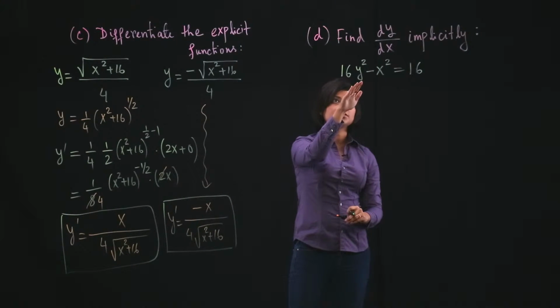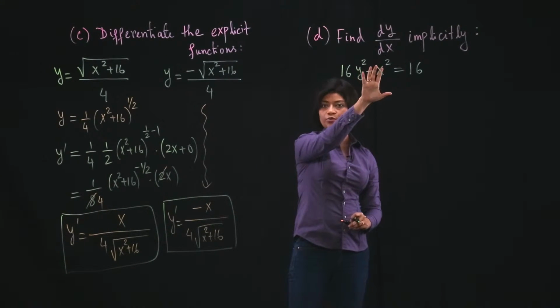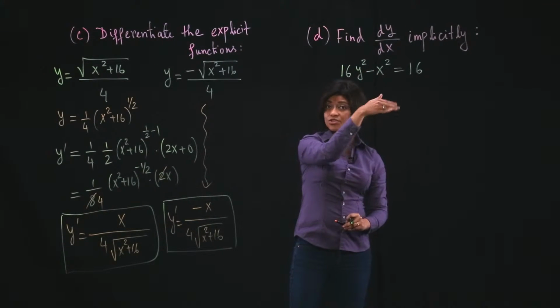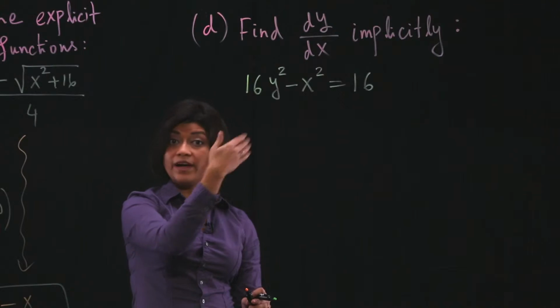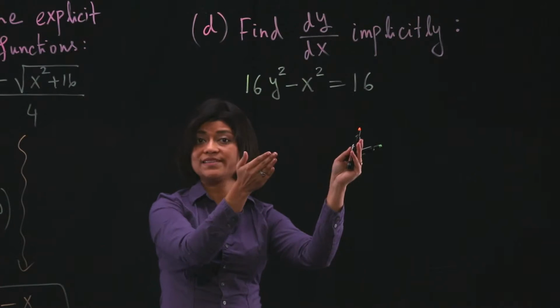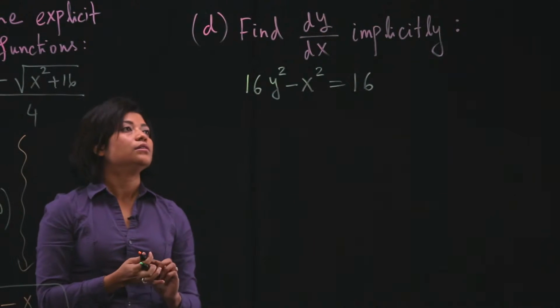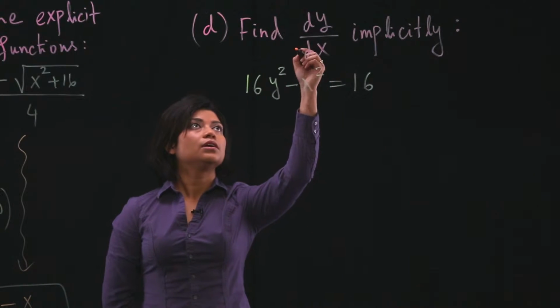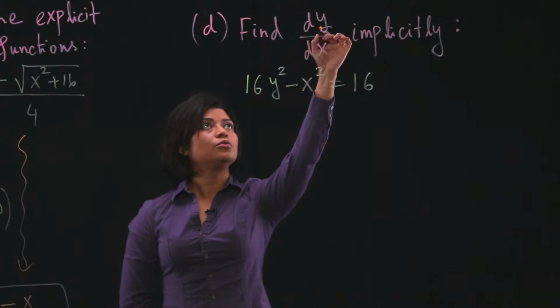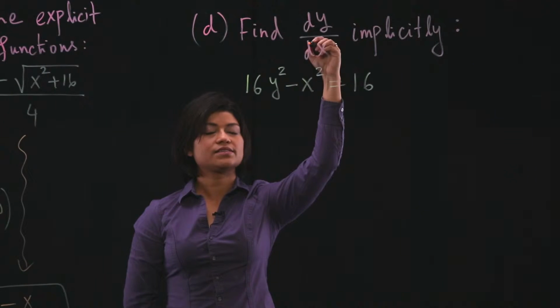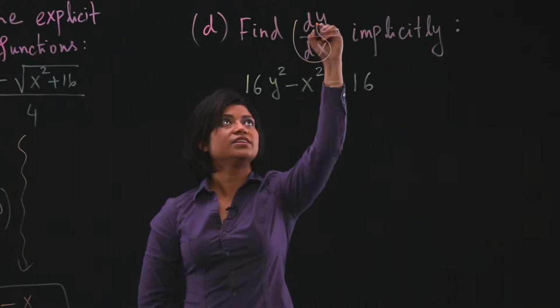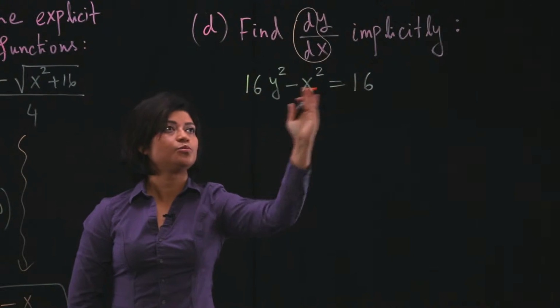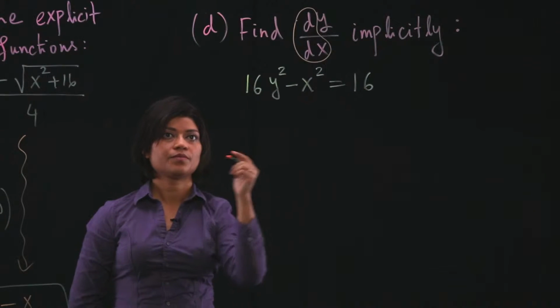In this part, we take our original equation, that's an implicit form, and we have to find dy dx, which is the derivative of y. We have to find that again, but implicitly. All right, let's be careful. We have to compute dy dx. So you take this portion, the d dx, and apply it to both sides of the equation.